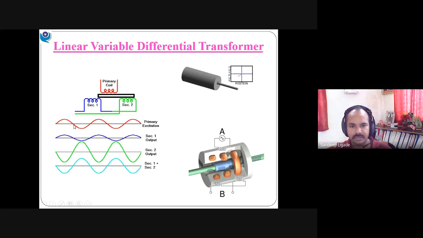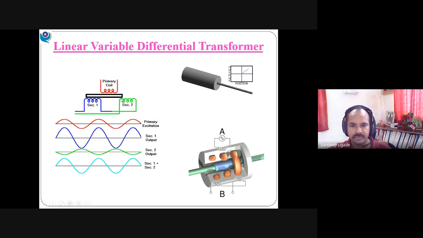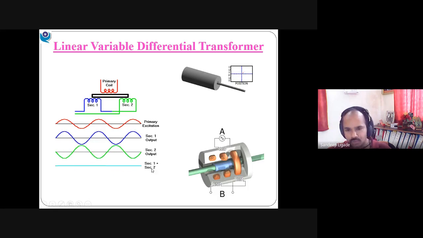The red one is the AC source to the primary. Here is the input AC source, blue indicates the voltage across secondary 1, green indicates the voltage across secondary 2, and this is the final output. This is a combination of both secondary 1 and secondary 2, isn't it?